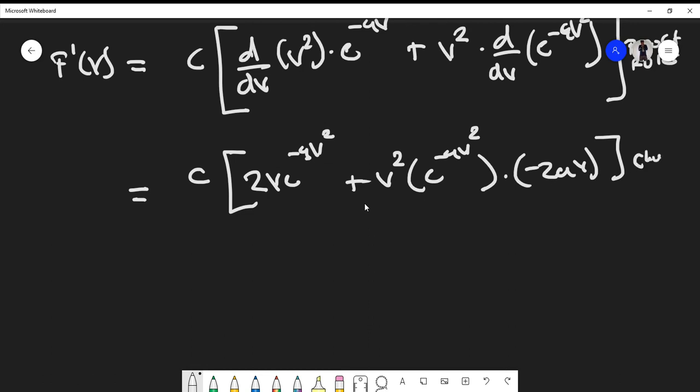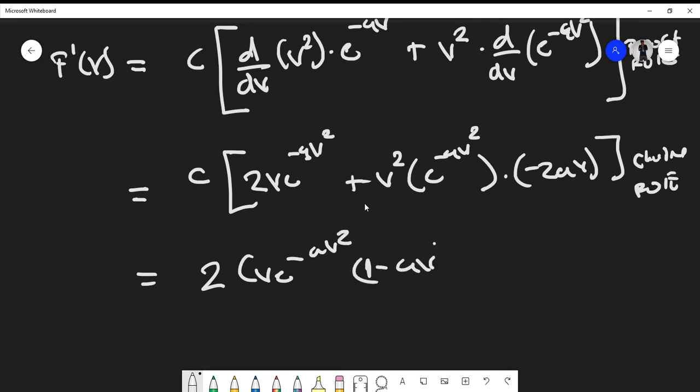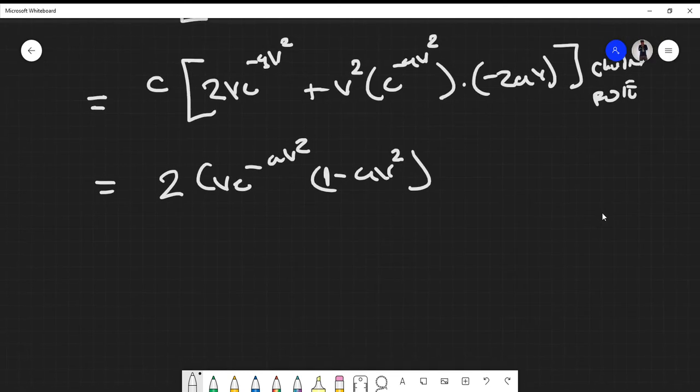And this is the chain rule. If we simplify this, we have 2cv e raised to the negative av squared times 1 minus av squared. The only thing I did there was simplify.